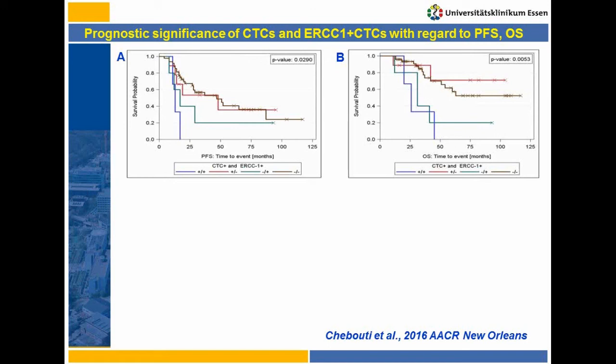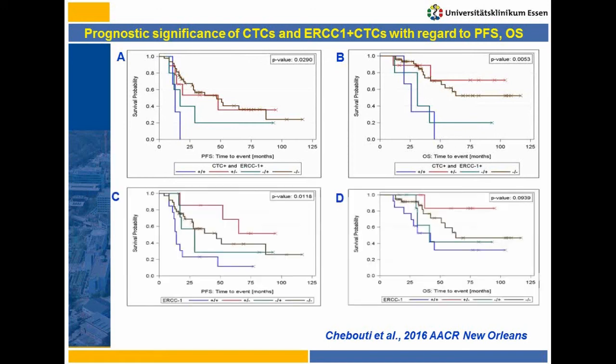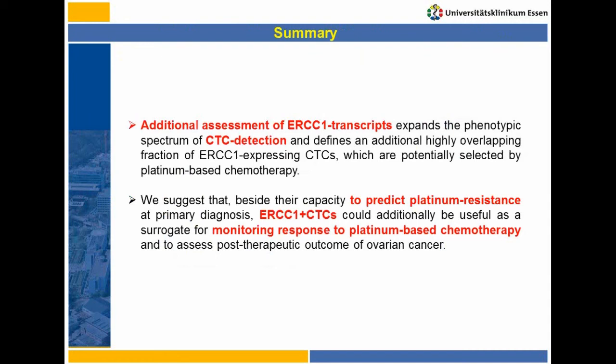And this is highly significant. And only looking at ERCC1 positive patients, you see the same results. Also, again, those patients with the persistence of these cells and patients who change from negative to positive have a shorter progression-free as well as overall survival. And we also see a significance for platinum resistance.